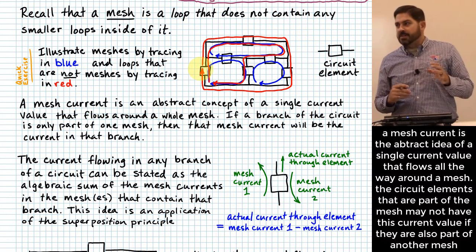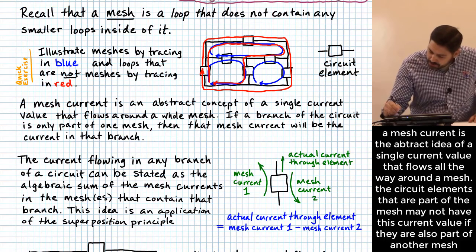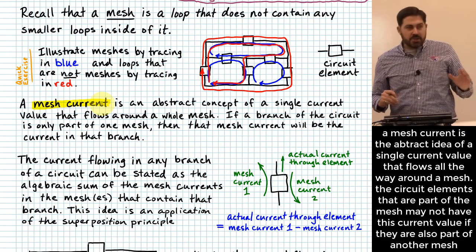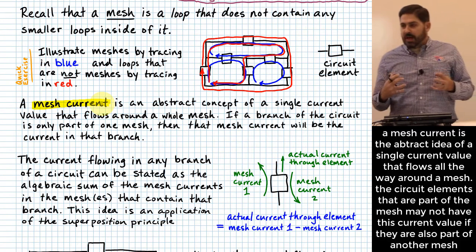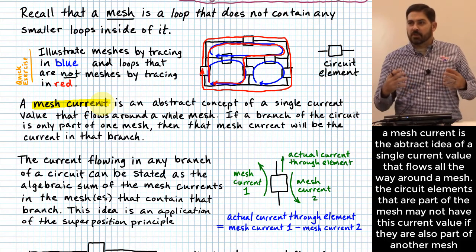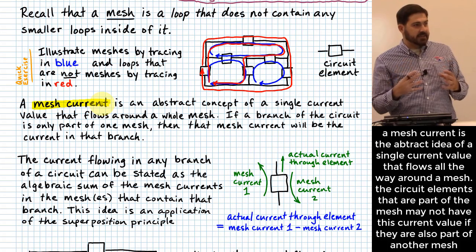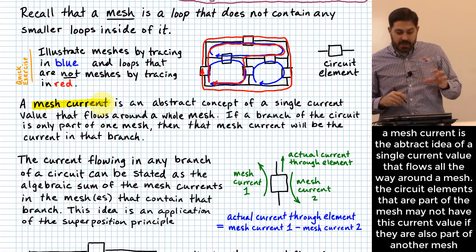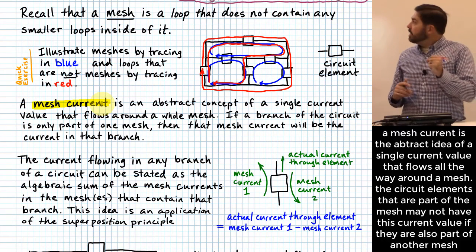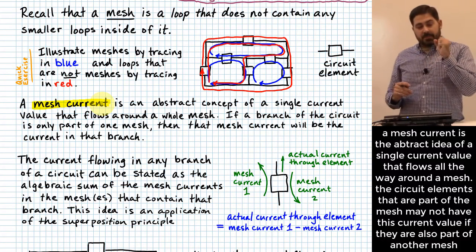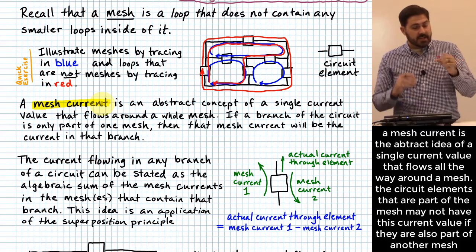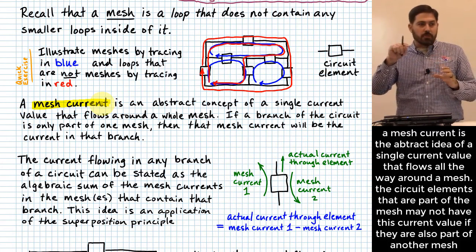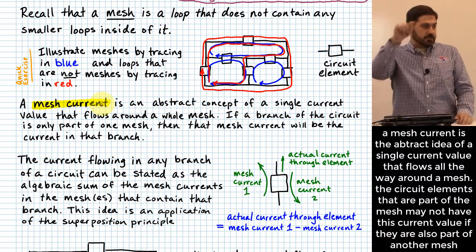Next, I have to define this thing called a mesh current. A mesh current is a little bit hard for some people to grasp because it's something that we set up as an abstract idea. The abstract idea of a mesh current is to say, let's pretend that each of these meshes has a uniform current flowing around the mesh.